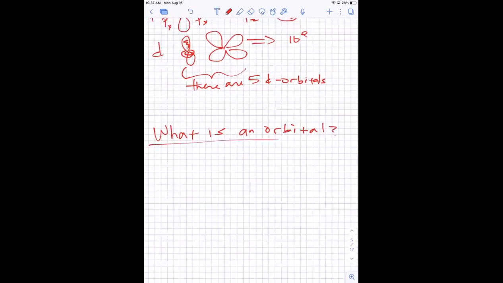It's a depiction of the path that the electrons take around the nucleus. Yes, right. An orbital is a graph, a very high level graph, of the path of an electron.